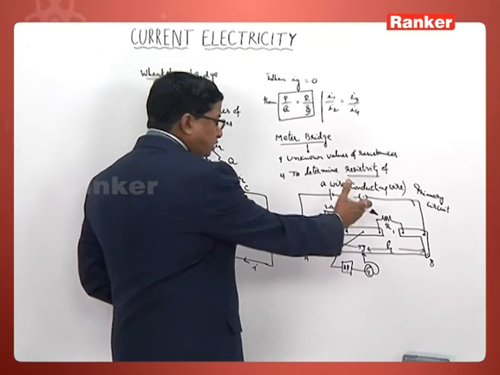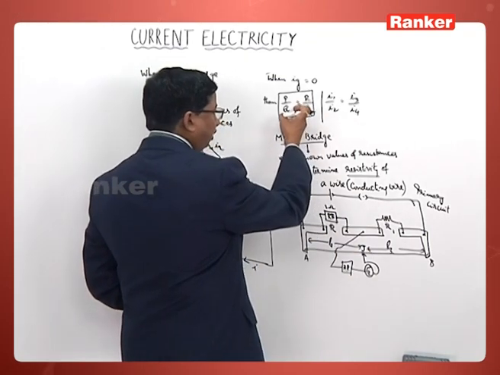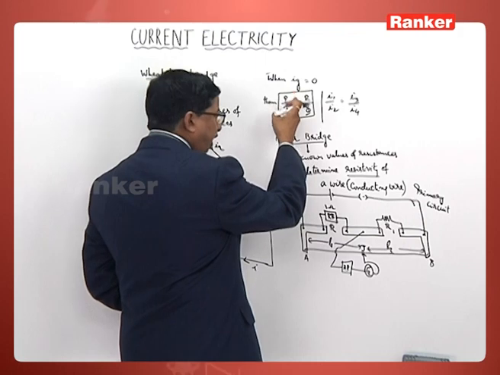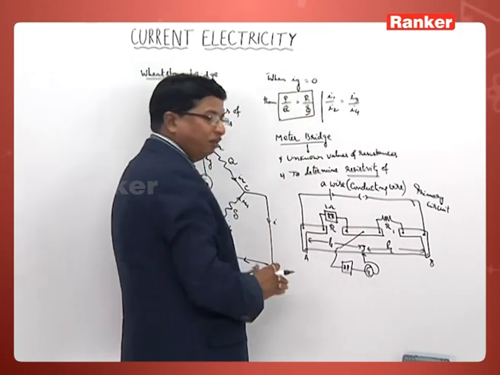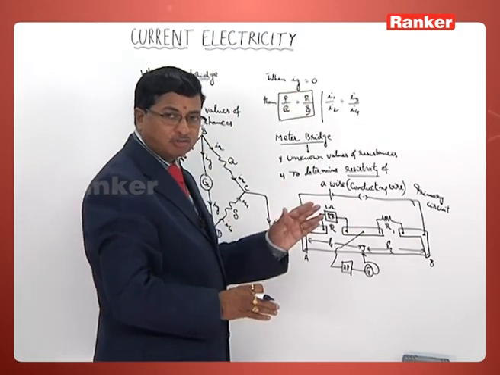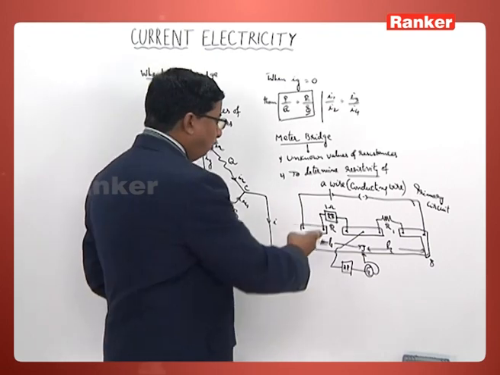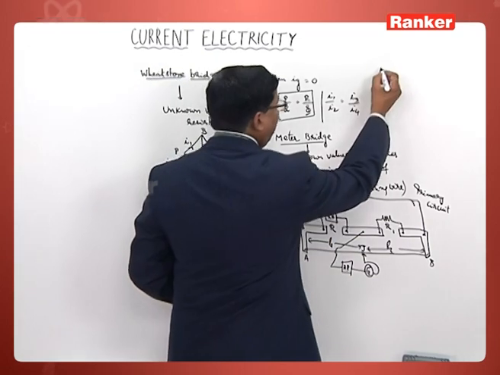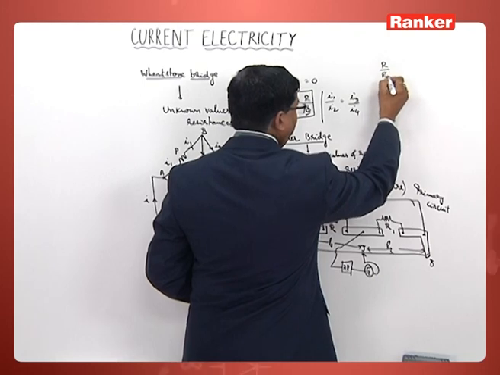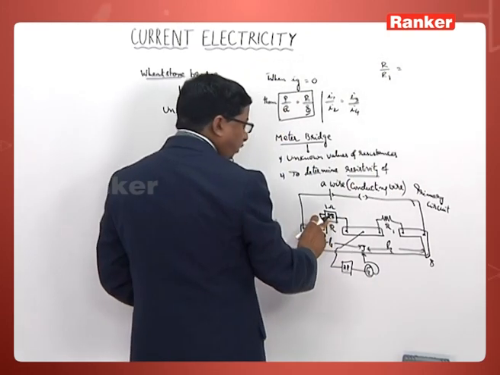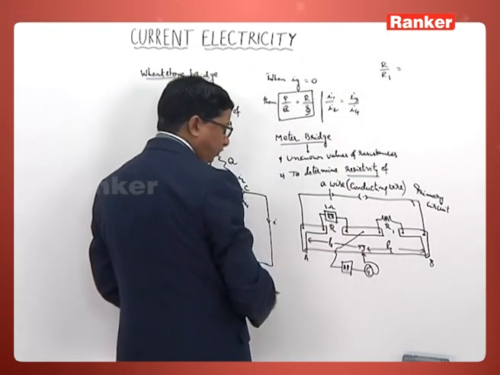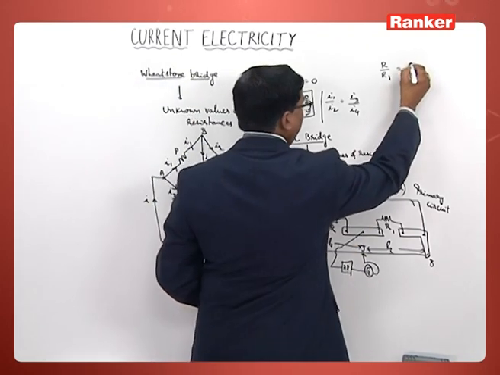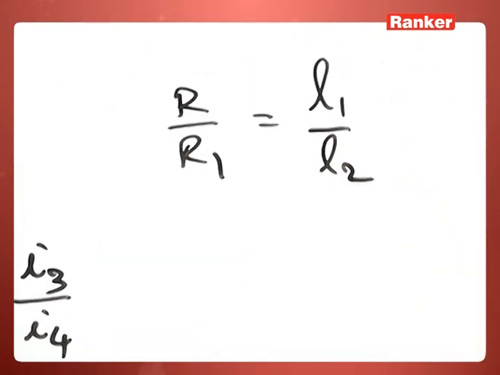Now what is the principle of this Wheatstone bridge? The same principle we have to apply here. The same condition is to be taken up there. Just look at R by R1, that is, this known resistance by the unknown value, that must be equal to L1 by L2.